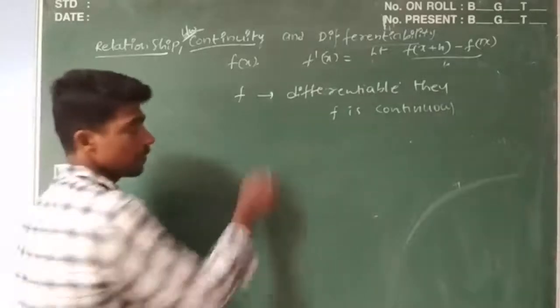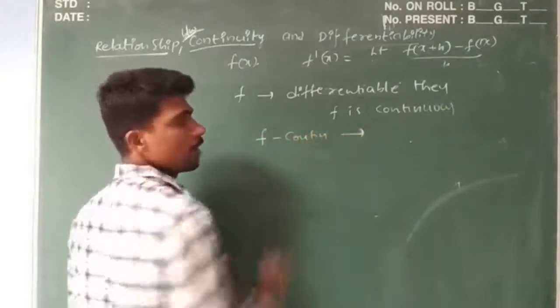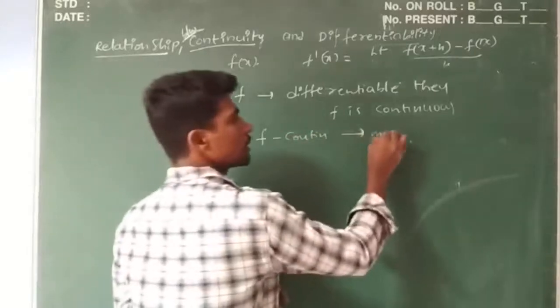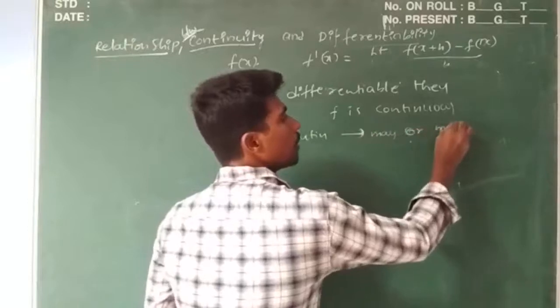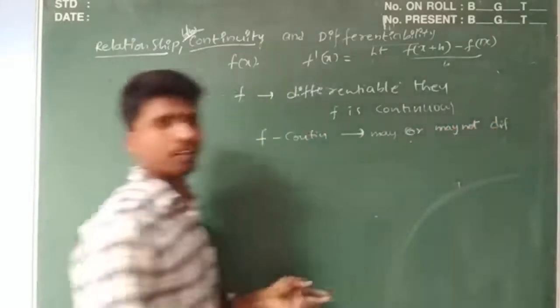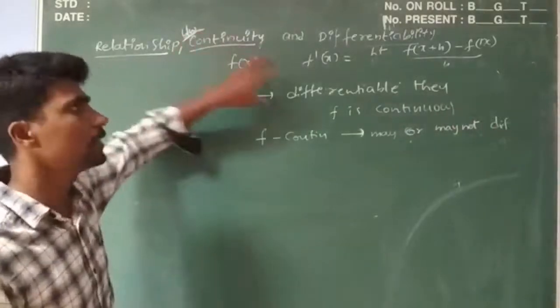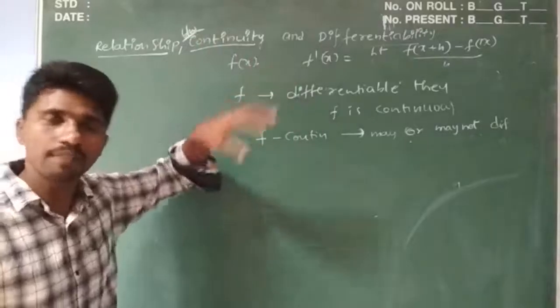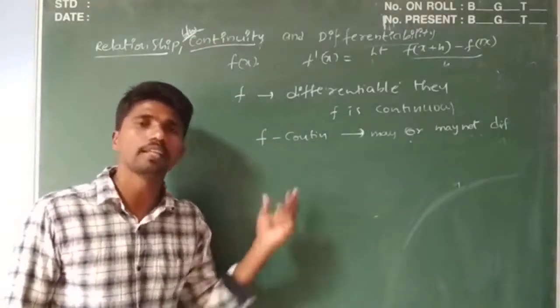But if f is continuous, it may or may not be differentiable. So if I want to say whether the given function is differentiable or not, first of all, I have to find out whether it is continuous or not at the given point.